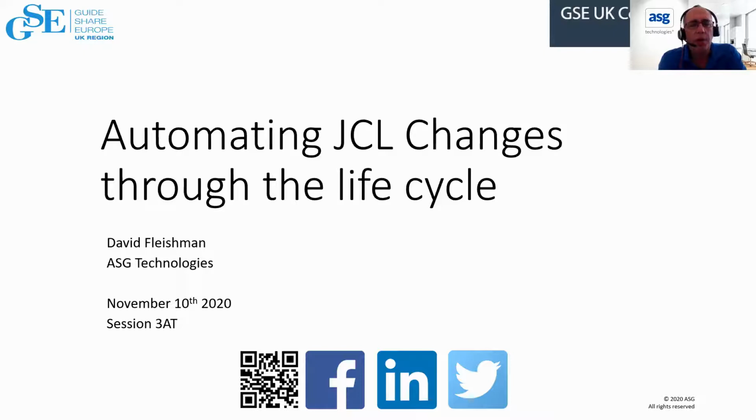Today we're going to show you ASG's ProJCL and how it can help with automating your JCL changes through the life cycle of that JCL environment, where you can move your JCL from one environment to another, and how our tool can help you automate those changes through that life cycle.